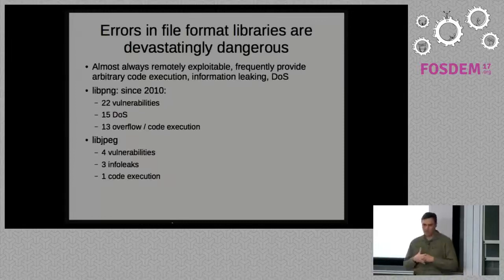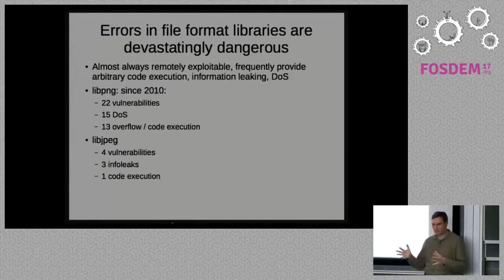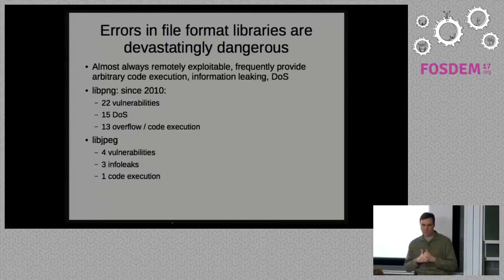Needless to say, errors in file format libraries can be devastatingly dangerous. Almost every such error, such as buffer overflow, reading beyond some part of a structure, or interpreting something wrongly because of human errors in writing the code, is almost always remotely exploitable.